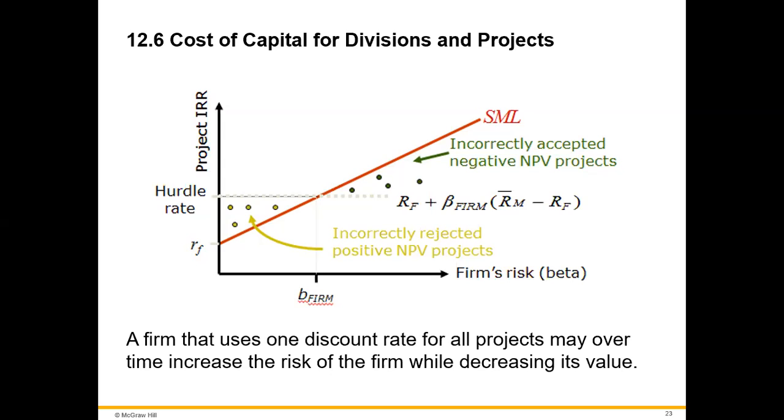By using the firm's cost of capital, the firm is likely to accept too many high risk projects, projects that fall up here, that if properly discounted would have a negative net present value. And vice versa, we may end up rejecting projects because they're below the hurdle rate but would have a high net present value, because we should have used a lower rate to determine the net present value. That's what this is trying to depict.